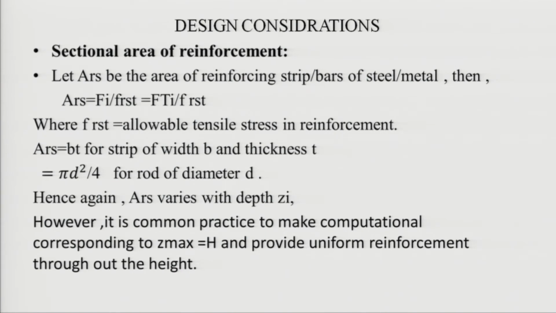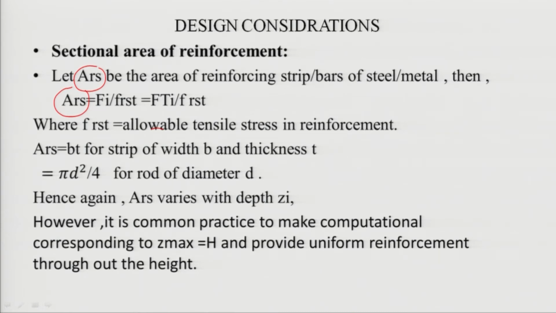Now, sectional area of reinforcement. Let A RS be the area of a reinforcing strip or bar of steel or metal, then A RS will be equal to F i divided by f RST, that will be equal to F T i divided by f RST, where f RST is the allowable tensile stress in reinforcement.